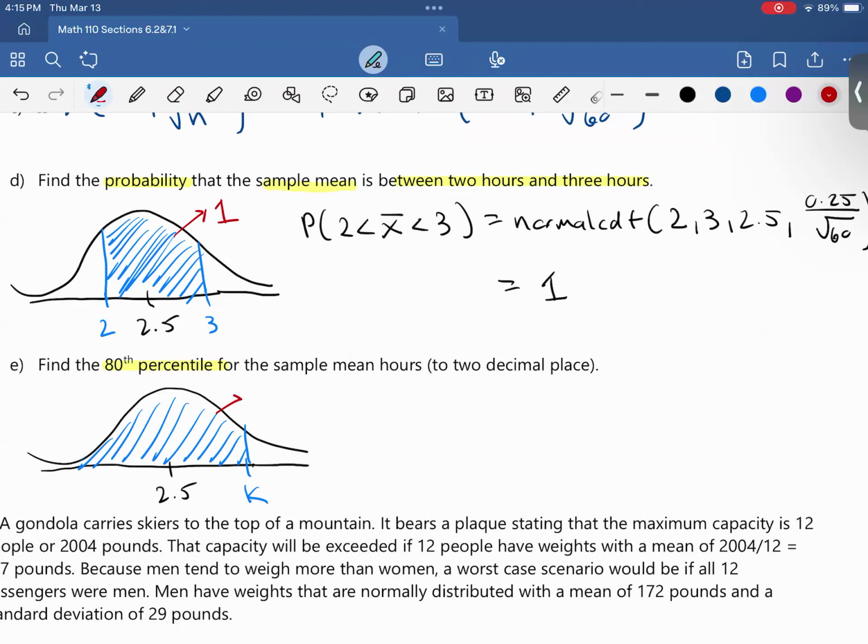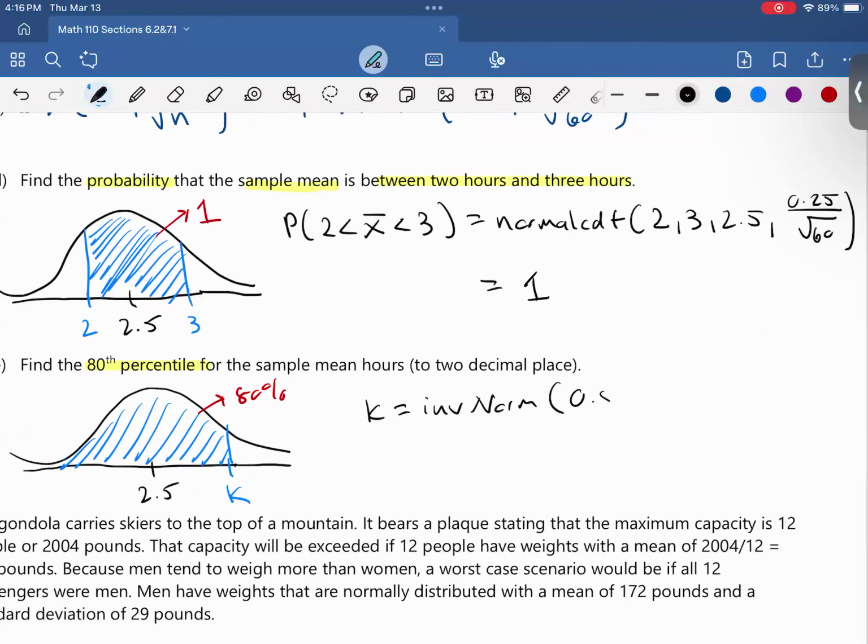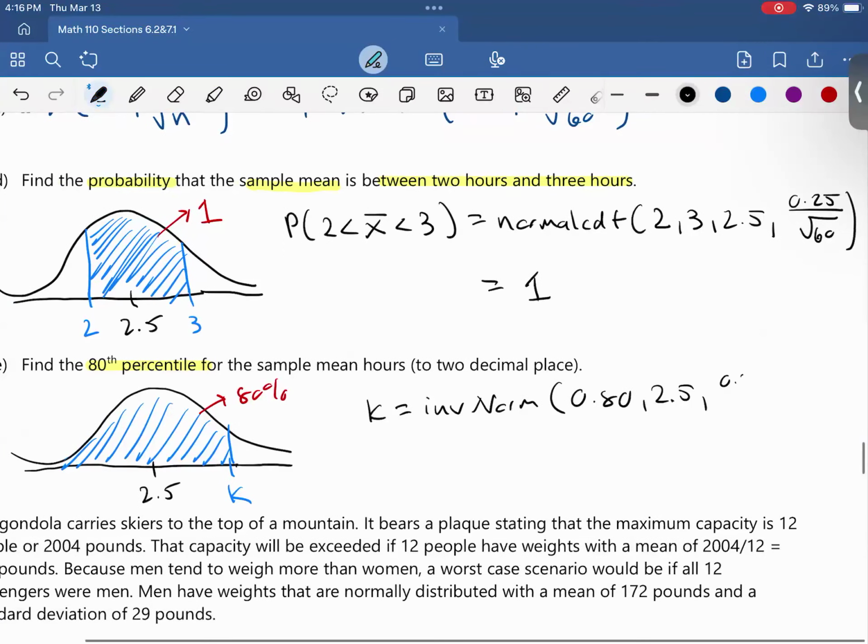Let me annotate this is 80%. What we need to do here is use inverse norm. So K equals inverse norm. My area is 0.80, my mean is still 2.5, and my standard deviation is still 0.25 over square root of 60.